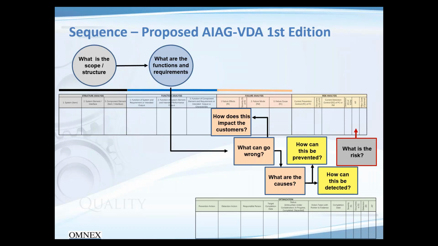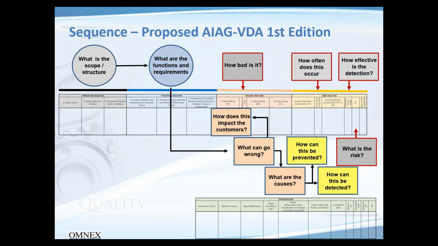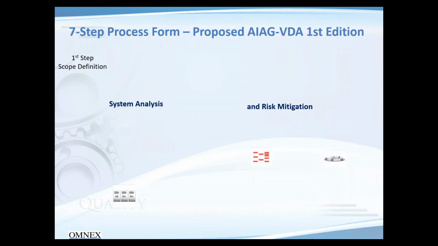Basically, if you've ever seen the red, yellow, and green type of failure analysis that scaled the severity to occurrence and showed a red zone, an orange zone, and a green zone, this is using the same logic for establishing what my risk is, and then eventually getting down to how I optimize that risk.